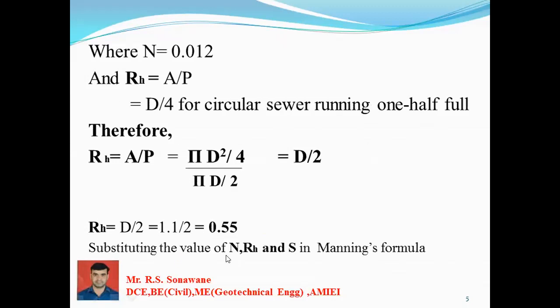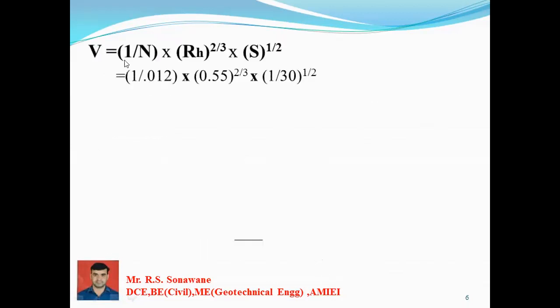Substituting the value of n, that is a constant value, then RH, that is the hydraulic radius, and S is the slope of a sewer line laid, in Manning's formula. You can see here, this is Manning's formula.